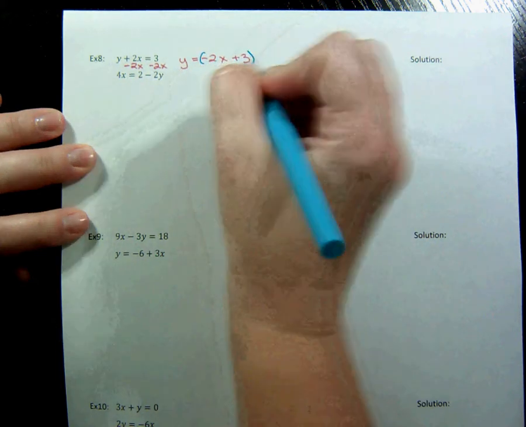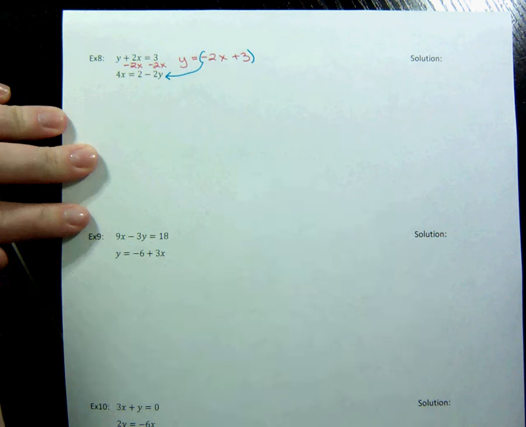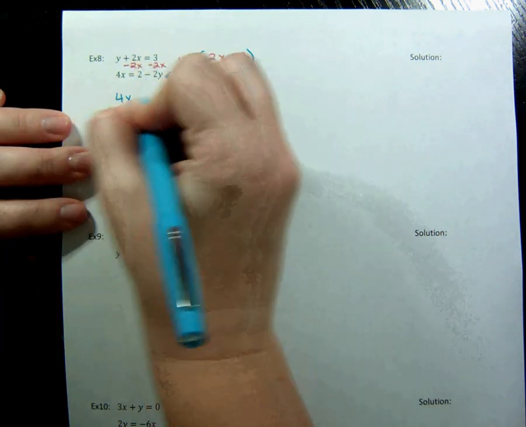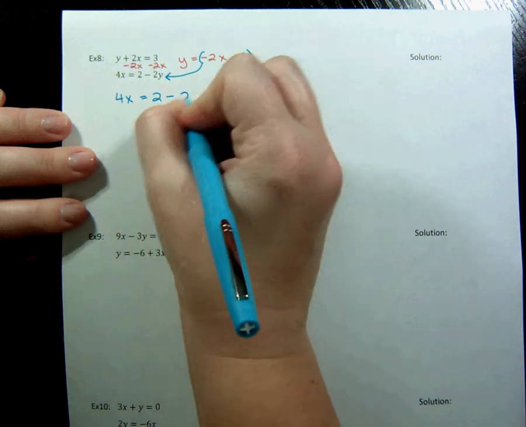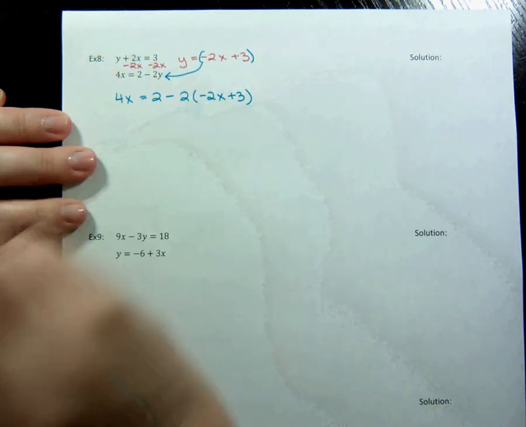So from there, I'm going to take negative 2x plus 3, and plug it in where I see y in the second equation. So we have 4x equals 2 minus 2 times negative 2x plus 3, making that substitution.